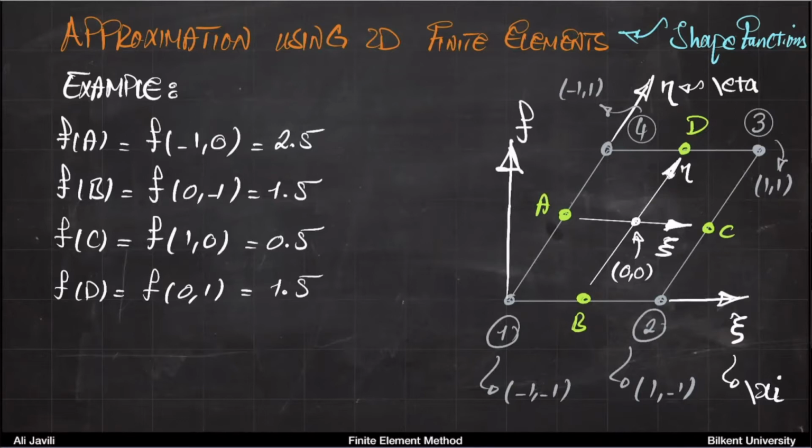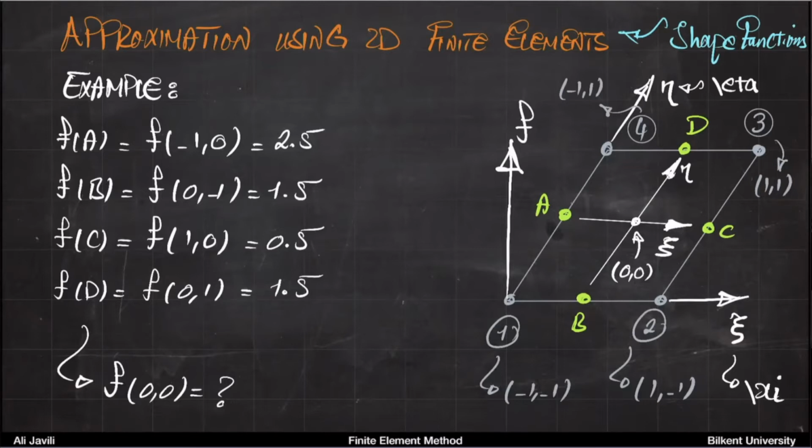The first question I want you to answer is: if these are the values that you have, what would be the value of f at the center, let's say at 0, 0? Could you answer that, for instance?